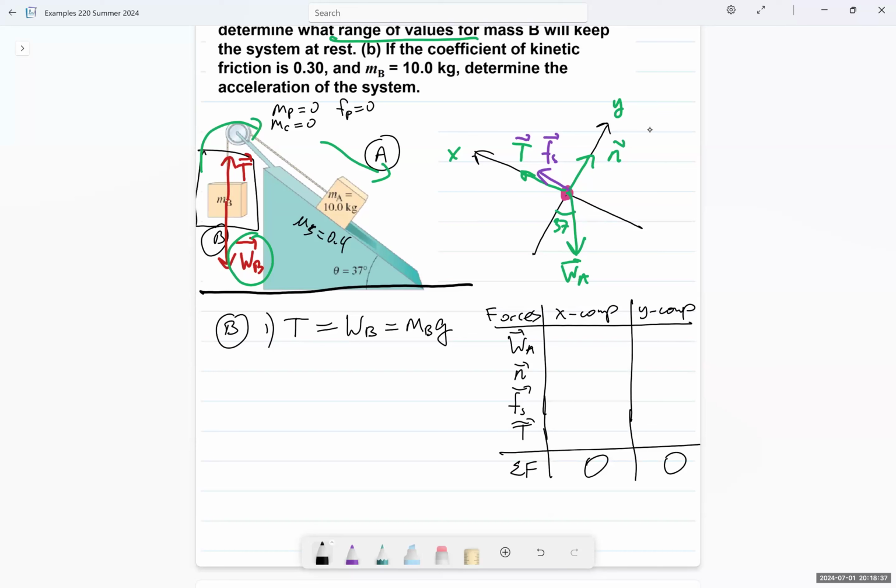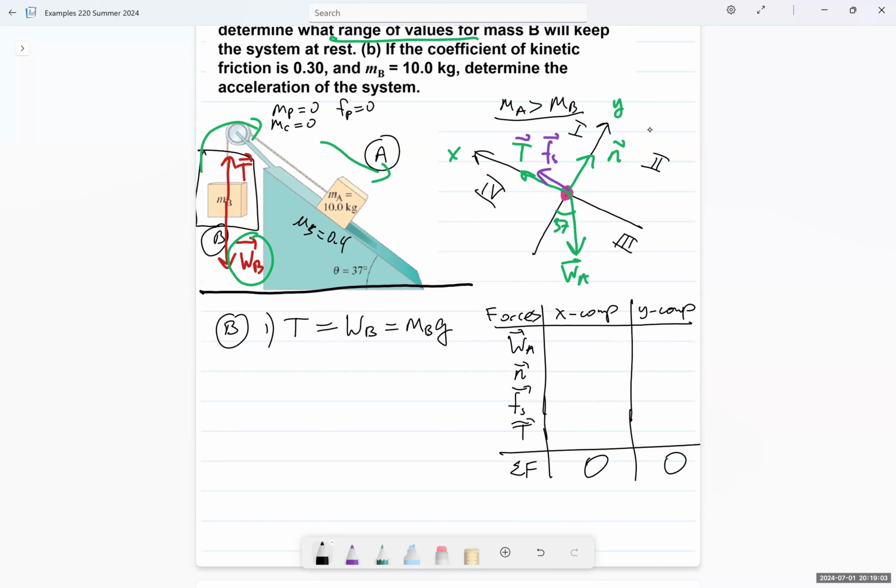If this is the scenario, that means mass of A is heavier than B. Taking up as positive, this makes it quadrant 1, quadrant 2, quadrant 3, quadrant 4, which reverses things a little bit for us.